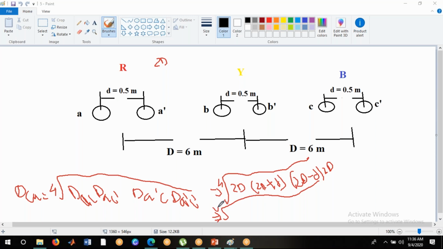4th root of 12 into 12.5 into 11.5 into 12. Then find the DCA value.